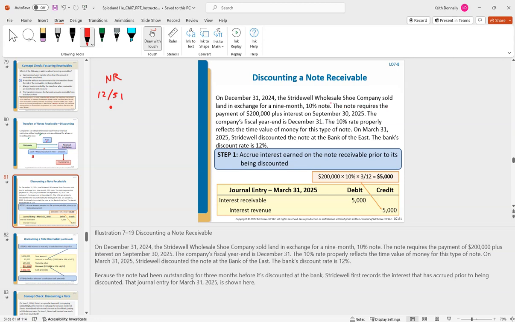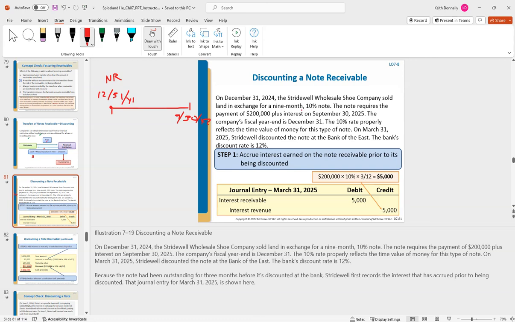The note requires payments of $200,000 plus interest on September 30th, 2025. So hypothetically, on 12/31, we'll just say year 1, and 9/30 of year 2, we're going to expect collection on this.